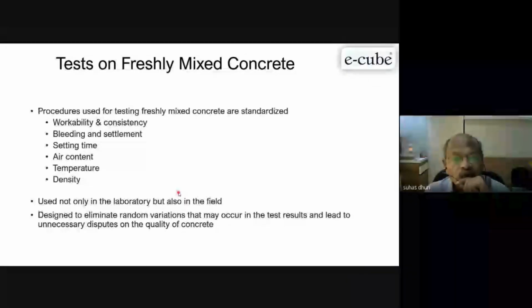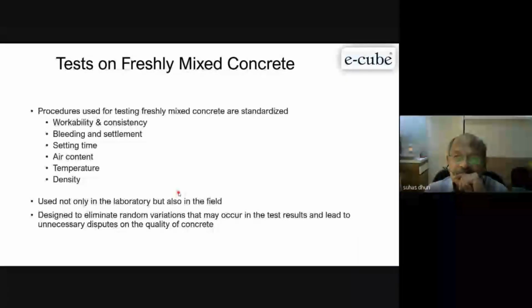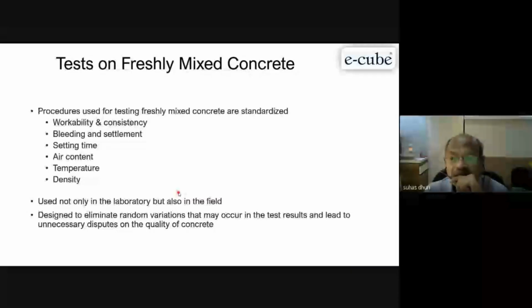And as per the code, the new code introduced in 2018, I think, the core temperature of concrete should not exceed 70 degrees centigrade. That is the requirement.